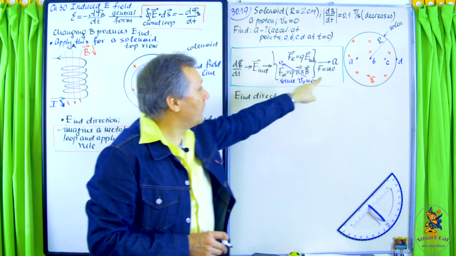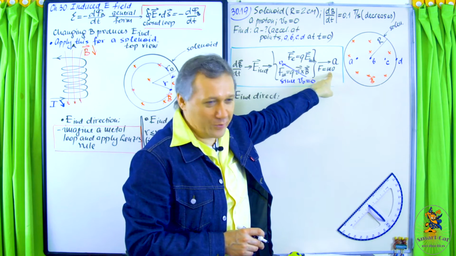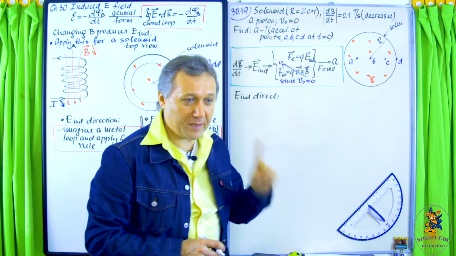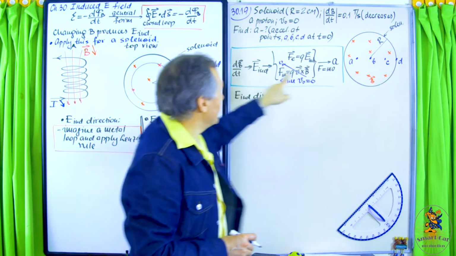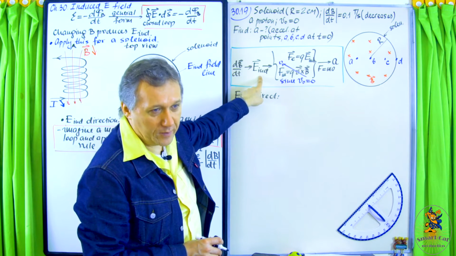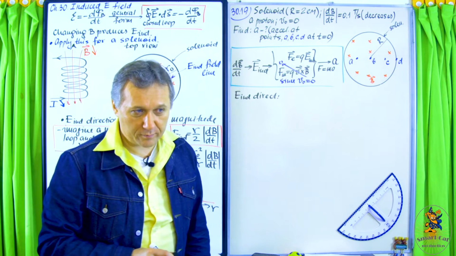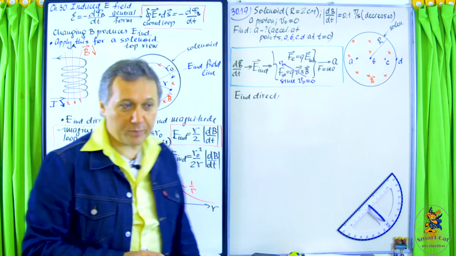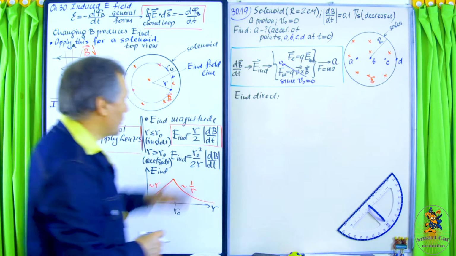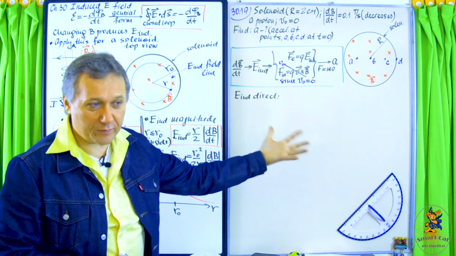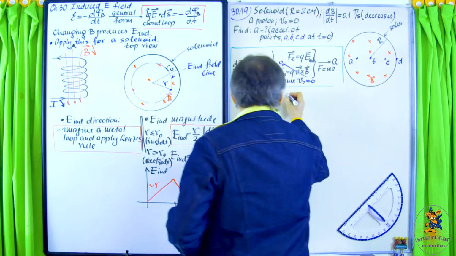Then, since the mass of any object is positive, the direction of this force gives us the direction of acceleration. Basically, the direction of acceleration is determined by the direction of the induced electric field in this particular problem, because we're dealing with a proton. If we had an electron, the situation would be reversed. So that's why we need this direction in order to tell immediately the direction of acceleration. Okay, so Lenz's rule.